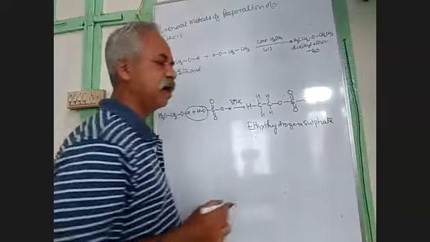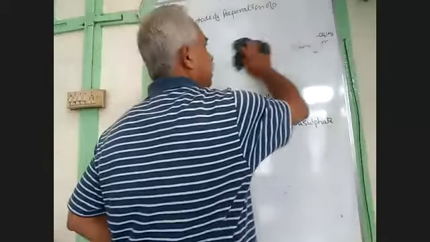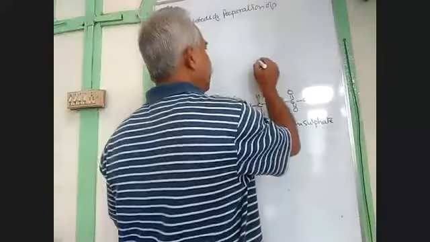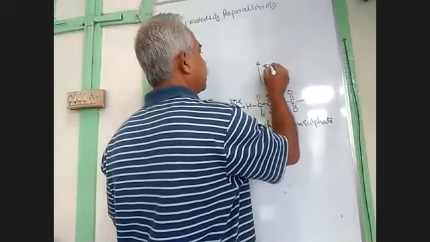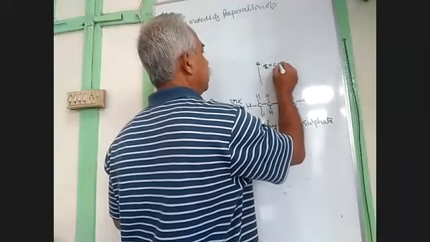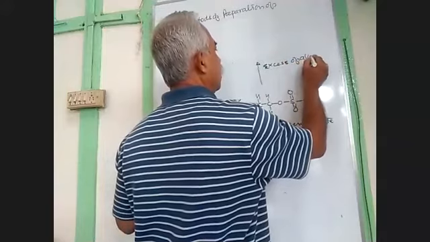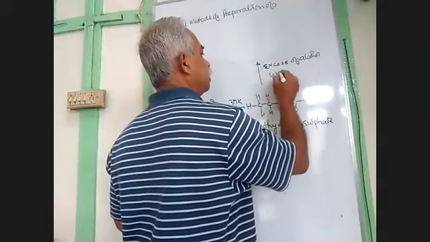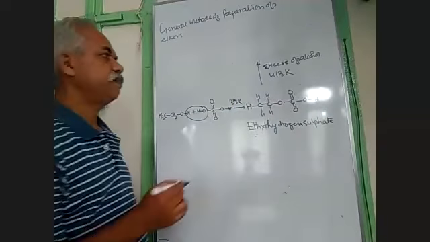Now, after the formation of this one, if you add here excess of alcohol and you raise the temperature to 413 Kelvin, what will happen?